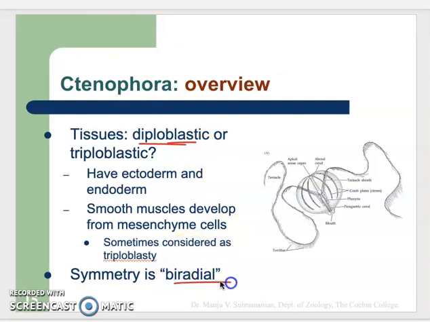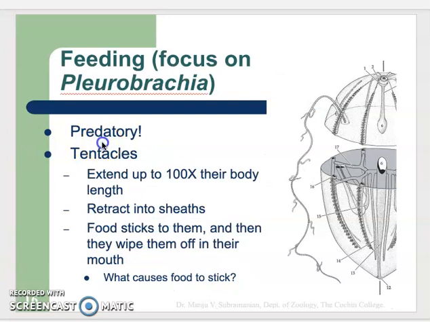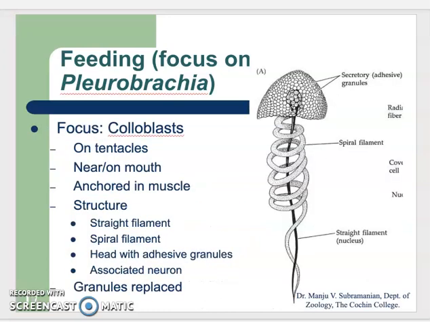The symmetry is biradial, and they are predatory and purely carnivores, and the tentacles can extend up to 100 times, and they can be retracted into the tentacular sheath, and the food sticks to these tentacles, and then they wipe it off into their mouth. And the colloblasts, which are present on these tentacles, help them in feeding.